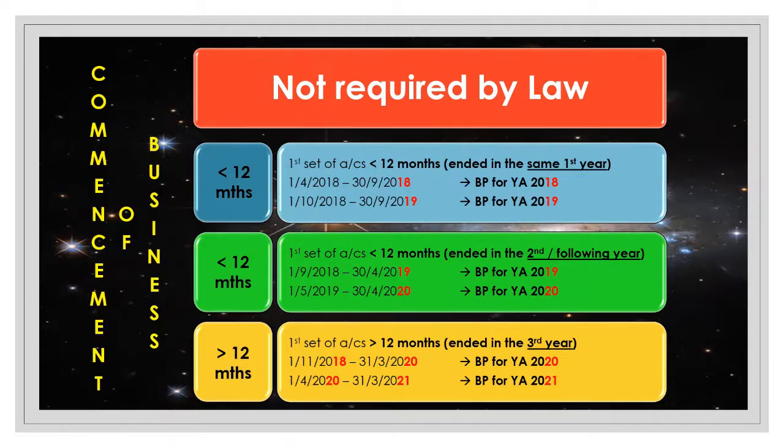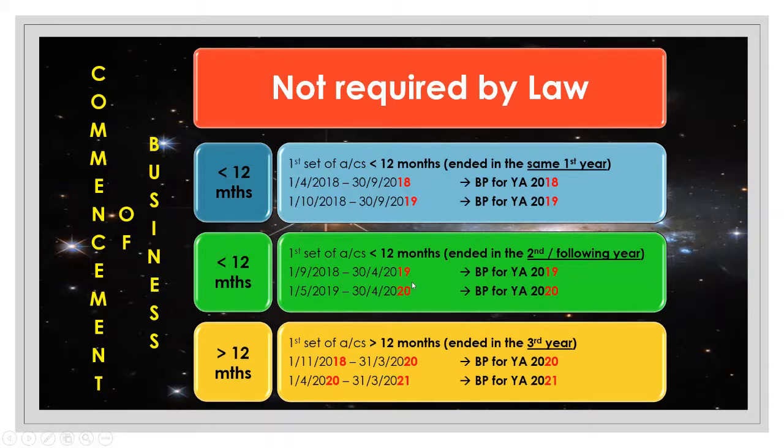Okay, therefore you still have less than 12 months. So since you first close your year end in 2019, therefore your first year of assessment will be YA 2019. Therefore, for YA 2019, your basis period would be 1st September 2018 until 30th April 2019.